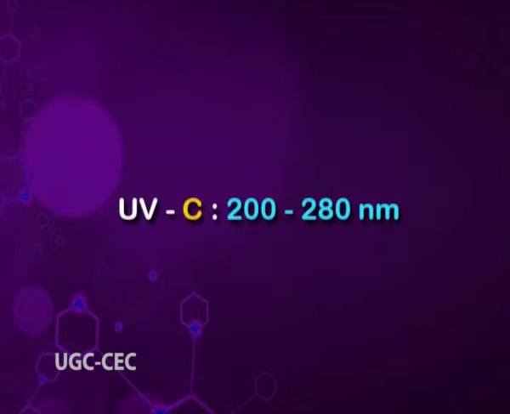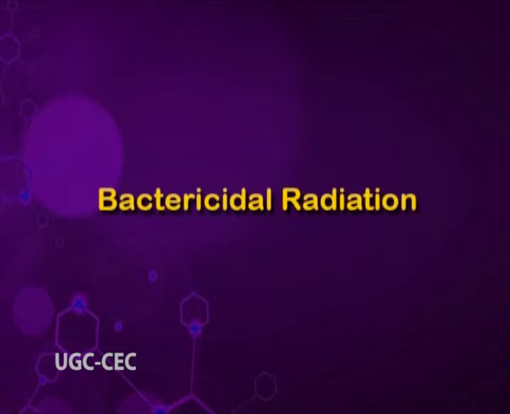Solar ultraviolet radiation is divided into 3 parts on the basis of the biological effect of UV. UVC, that is 200 to 280 nanometer, is the most harmful radiation for the living organisms. This is called bactericidal radiation, since this can kill the bacteria. This radiation is useful for sterilization of solid surfaces.